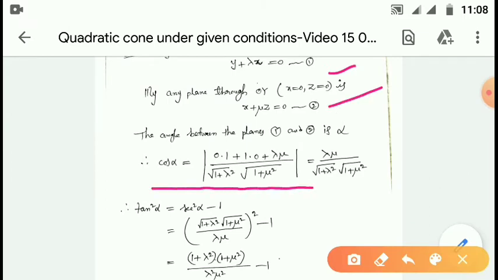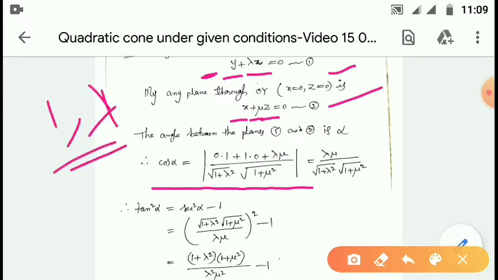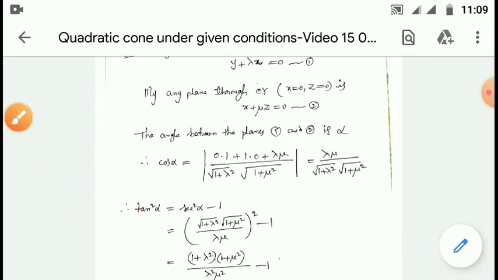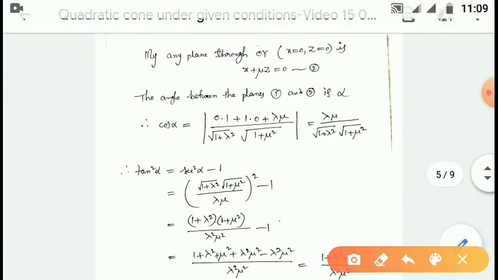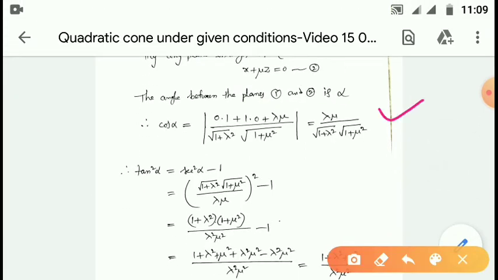Cos alpha is equal to 0 into 1. Here the x coefficient is 0, here 1, therefore 0 into 1, plus the y coefficient 1, here 0, plus 1 into 0, the z coefficient here lambda, here mu, therefore lambda into mu, by root 1 plus lambda square, because here the coefficients are 1, lambda, therefore 1 plus lambda square. In these, the coefficients are 1, mu, therefore root 1 plus mu square. On simplification you will get lambda mu by root 1 plus lambda square root 1 plus mu square.